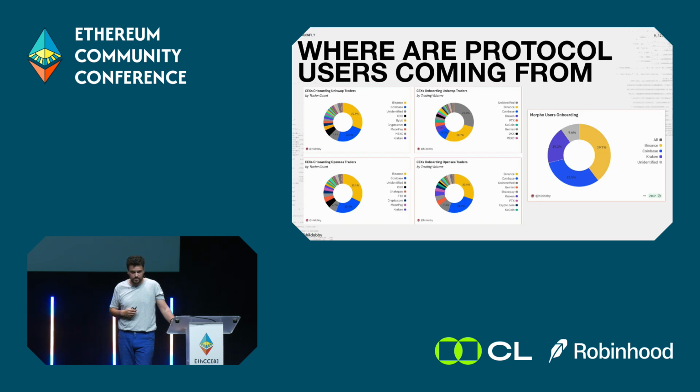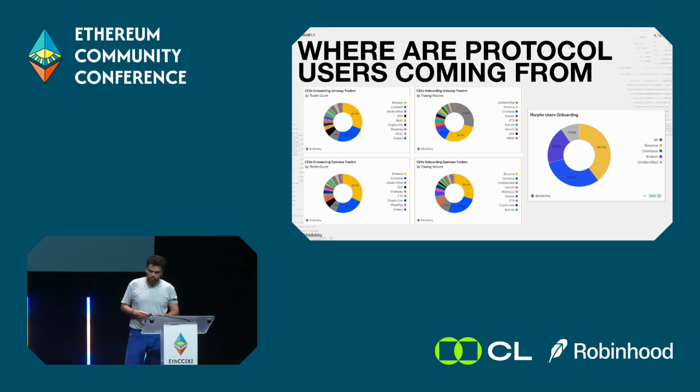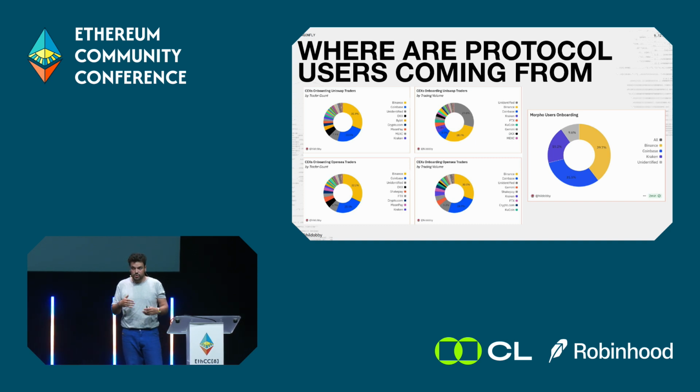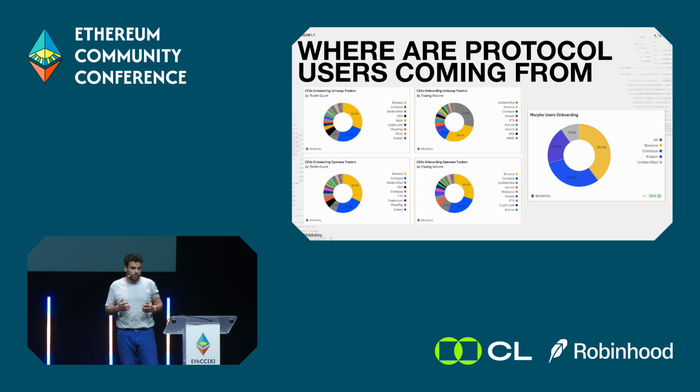But what this gets us is that now that we know from where addresses are funded, we can actually look, and each of you building your protocol can look at your certain KPI, put that into a Dune query, and then look at where those users are coming from to better understand your audience.